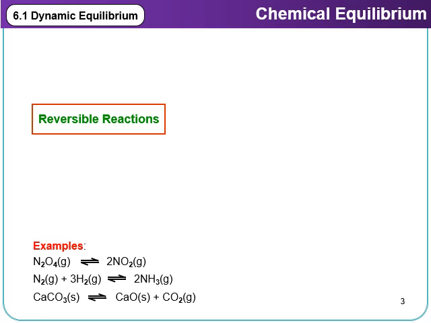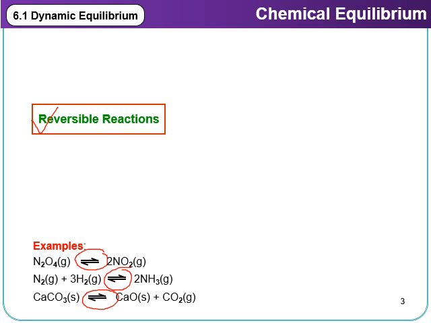Now let's look at the second category of reaction, which is reversible reaction. Looking at the chemical equation, we will notice the type of arrow used is different from the irreversible reaction.